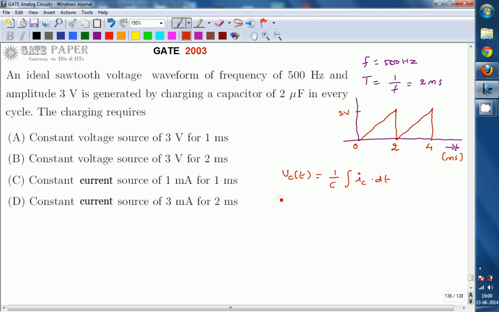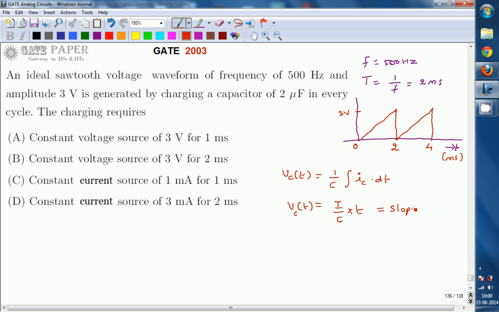From this equation, let us assume the current flowing through this capacitor is constant, say I. Then that constant can be written outside, so it will become I by C, integral of dt, which becomes t. So Vc of t can be written as I by C into t.